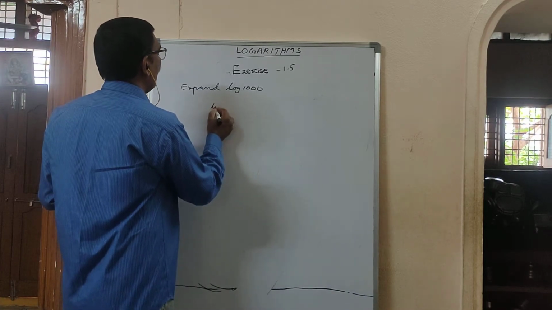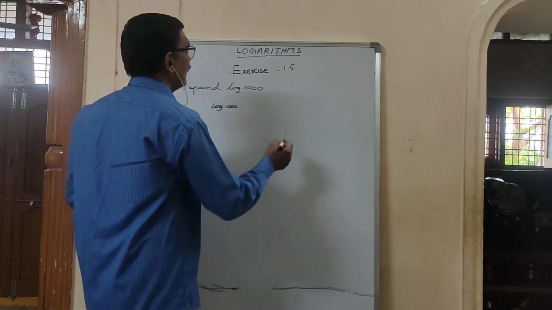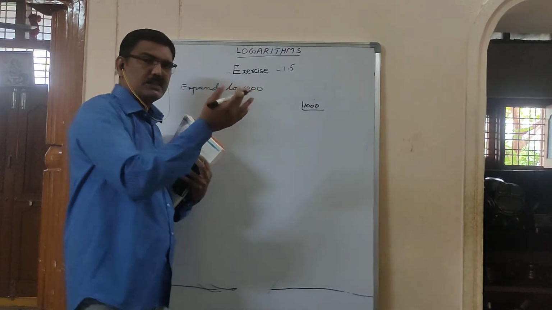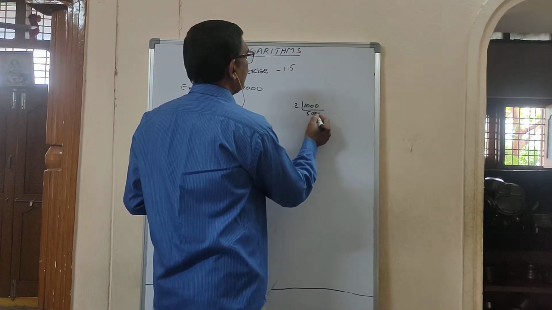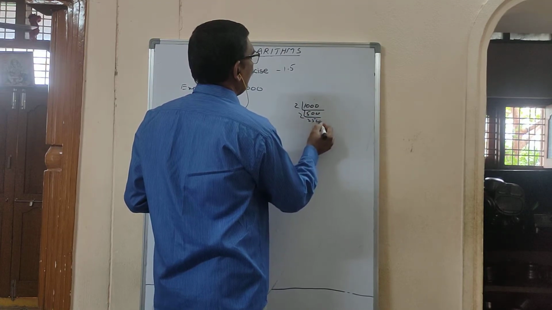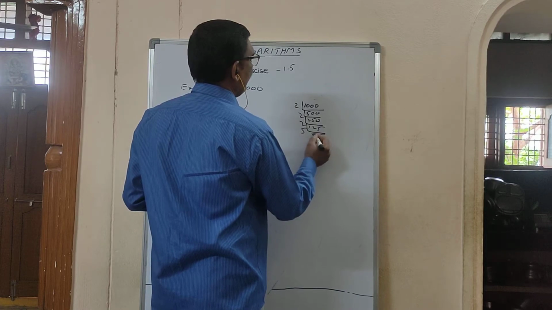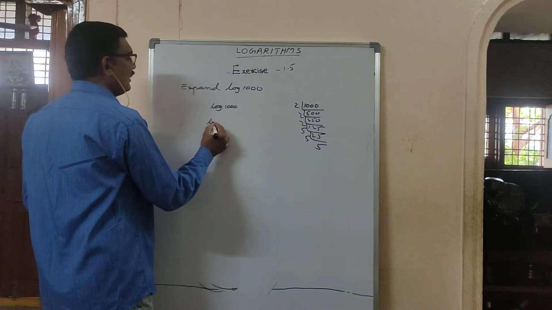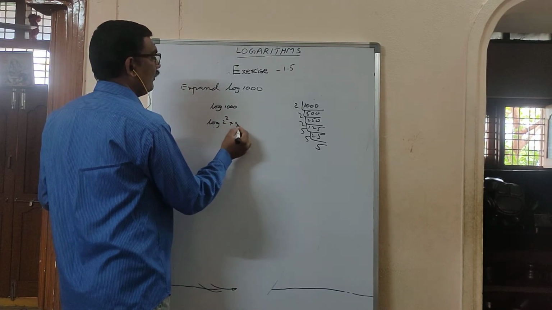So log 1000. What you can do is prime factorization: 1000 to 500s, to 250s, to 125s, 5 25s, 5 5s. How you can write is log 2 cube into 5 cube.